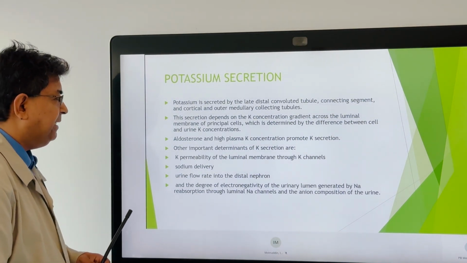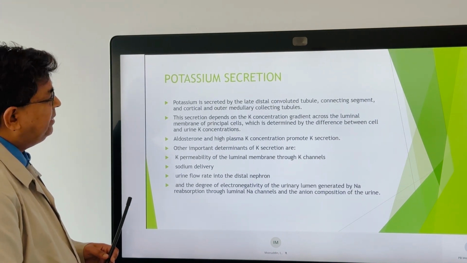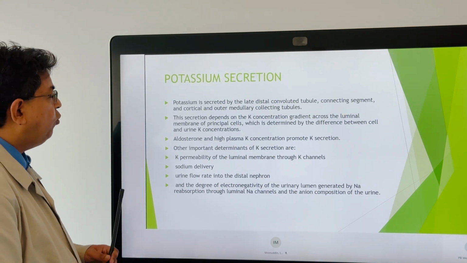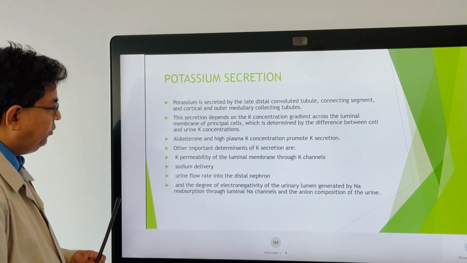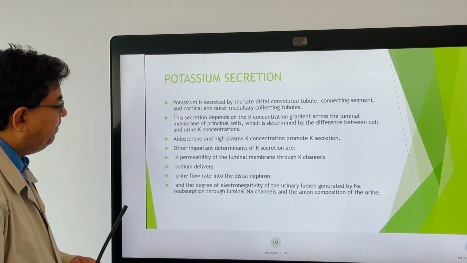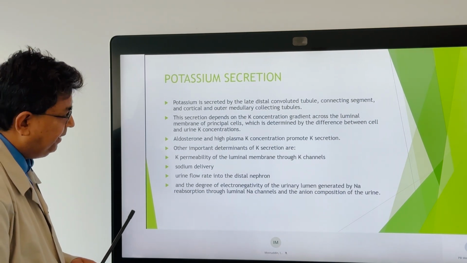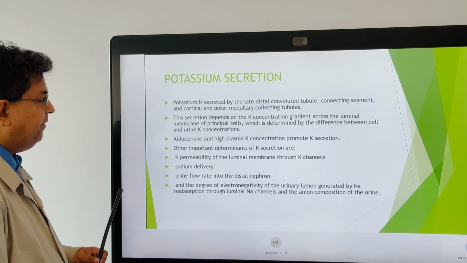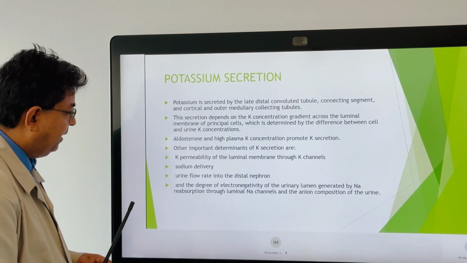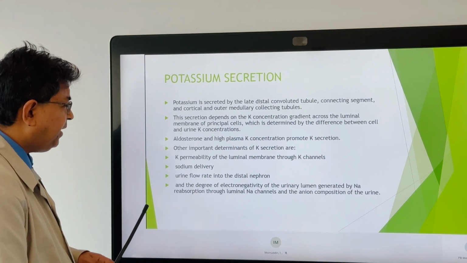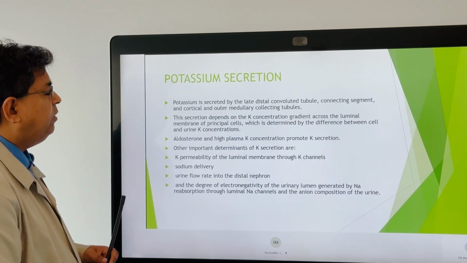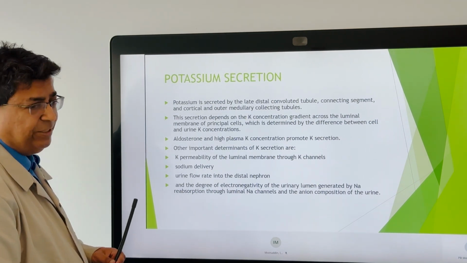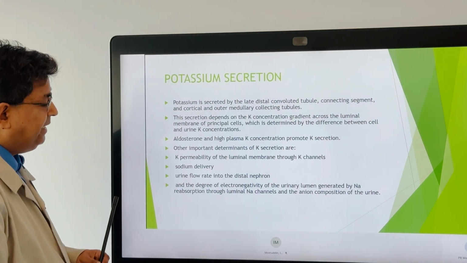Let's discuss potassium secretion. Potassium is secreted by the late distal convoluted tubule, connecting segment, and cortical and outer medullary collecting tubules. This secretion depends on the potassium concentration gradient across the luminal membrane of principal cells, which is determined by the difference between cell and urine potassium concentrations. We're going to discuss the potassium concentration gradient in detail, especially as we discuss the transtubular potassium gradient.